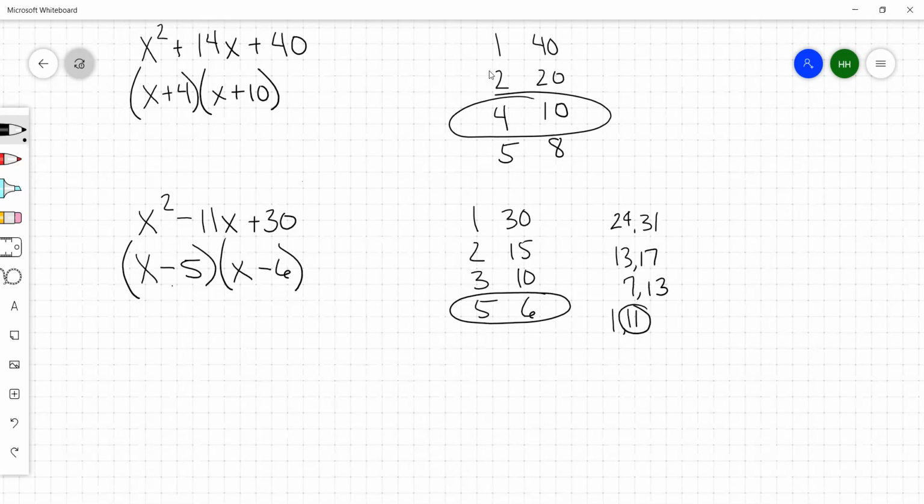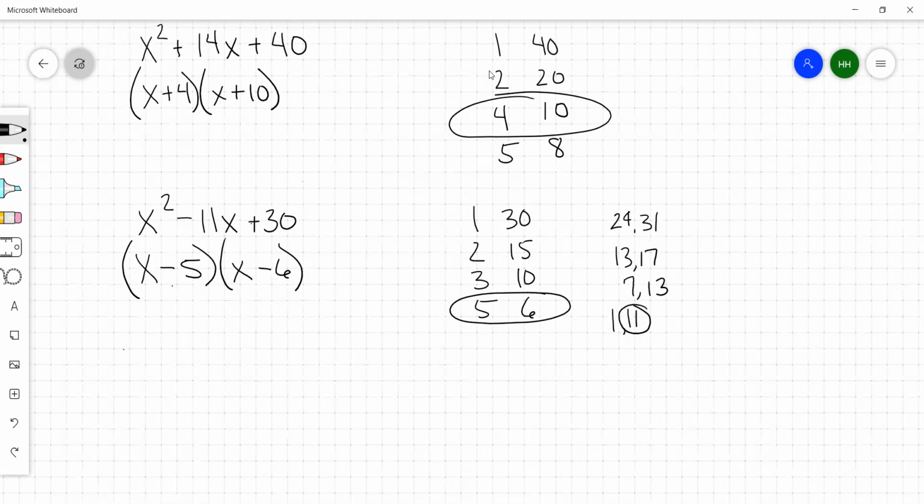When this sign right in here starts changing, when either of these are negative, one of these down here has got to be negative. Make sense? All right, so one more.